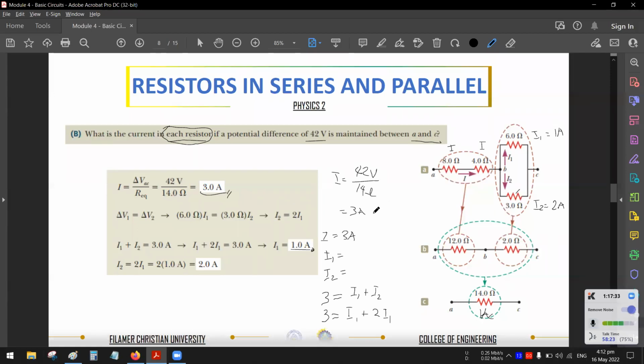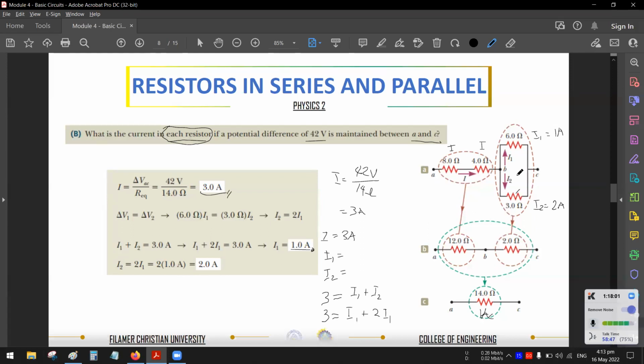So kung i-check natin siya, no? Obviously we can check this out by using the total voltage across the circuit. So dapat magiging 42 volts siya. Okay? So that is the voltage across this resistor plus the voltage across these resistors.